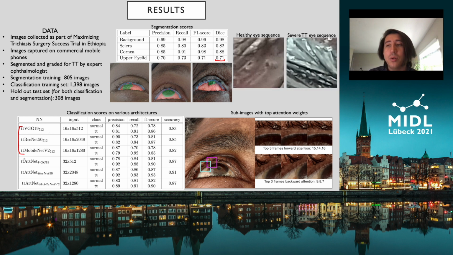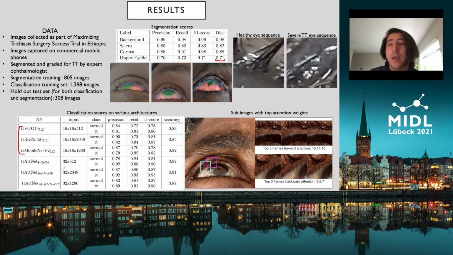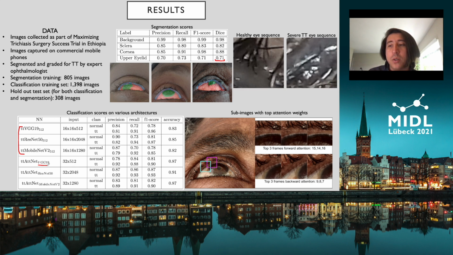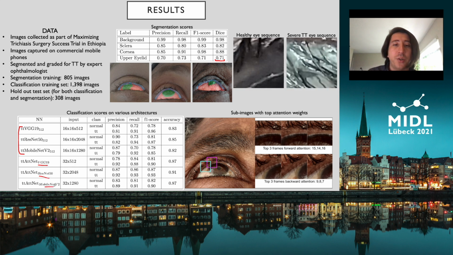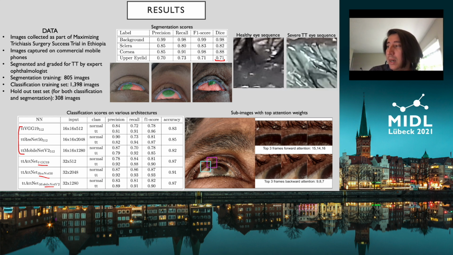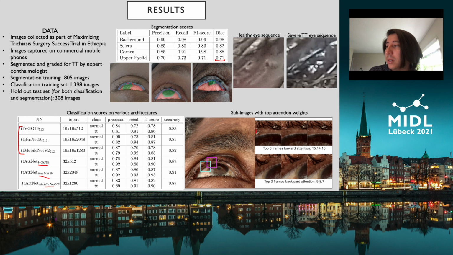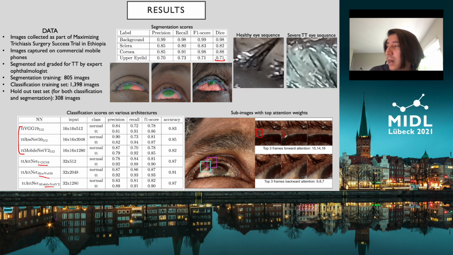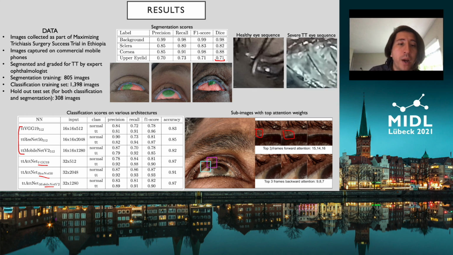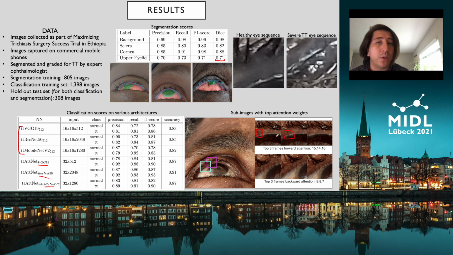And the last three rows are the approach that we're proposing here, but using different networks for feature extraction. This image that we see here is the top frames selected by our attention modules, and as we can see, it selected frames that have trachomatous trichiasis.